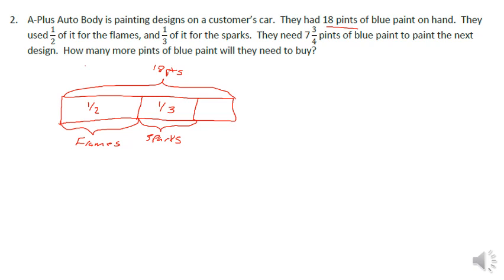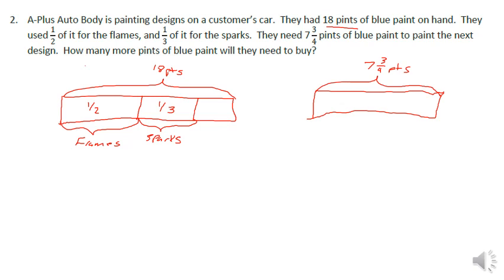And the next thing says they need 7 3/4 pints to paint the next design. Okay, well, I'm going to have to draw a separate tape diagram over here for the next design. Okay, because it said they need 7 3/4 pints.